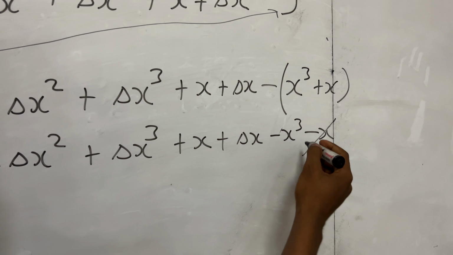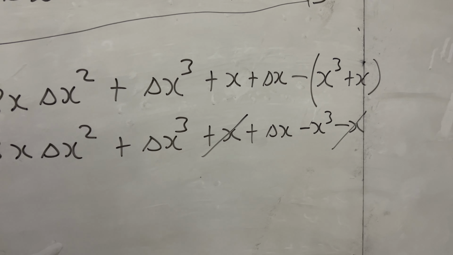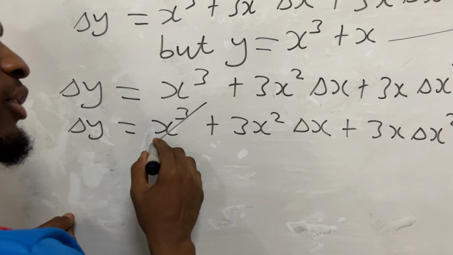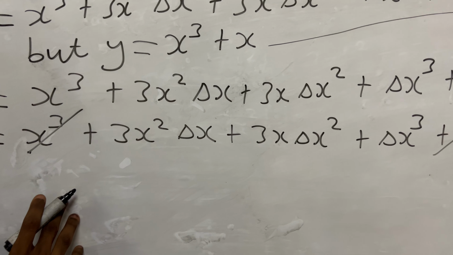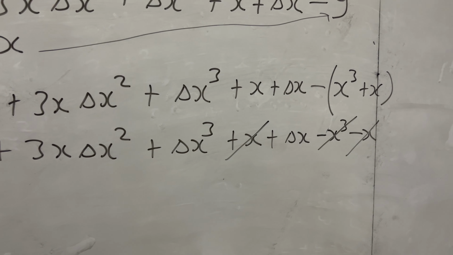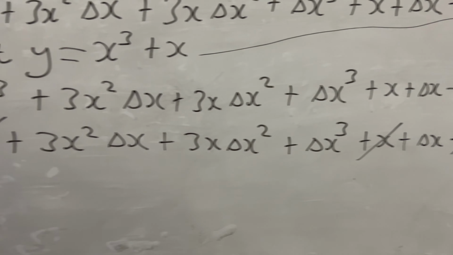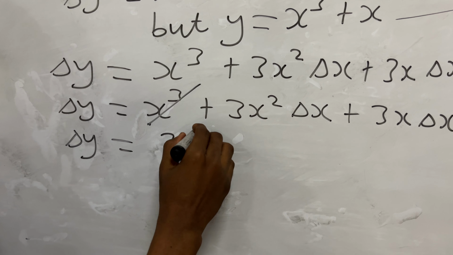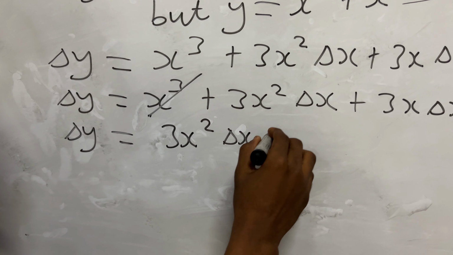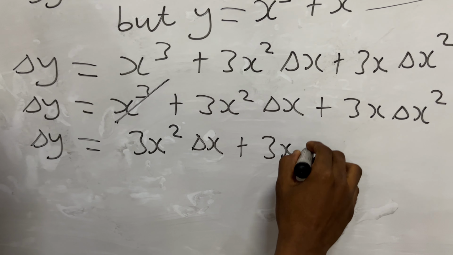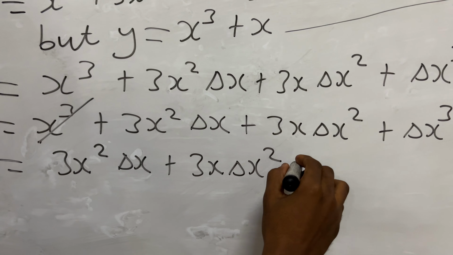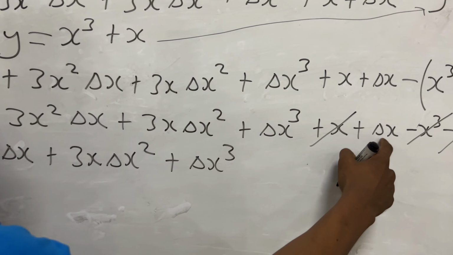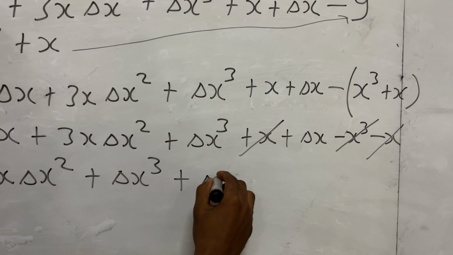Clearly negative x will cancel positive x. Then negative x to the power 3 will cancel positive x to the power 3. I think that's all. So I have my change in y equals 3x squared change in x plus 3x change in x squared plus change in x cubed, then plus my change in x.